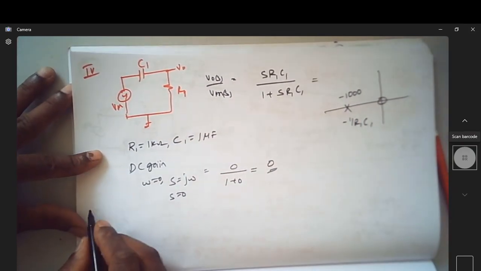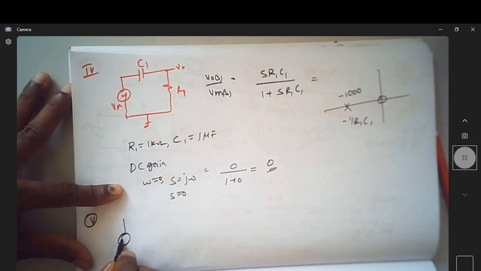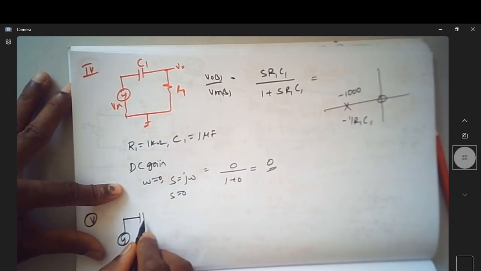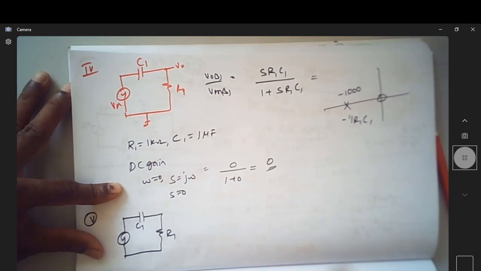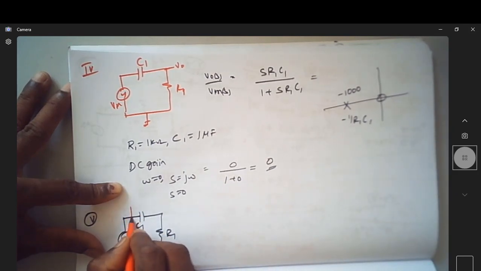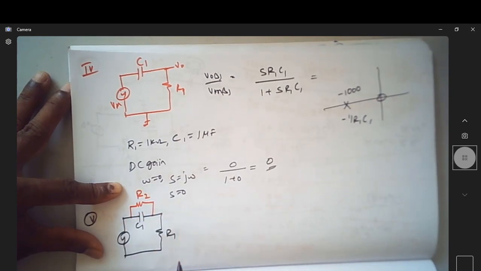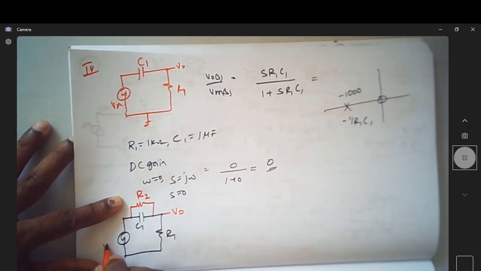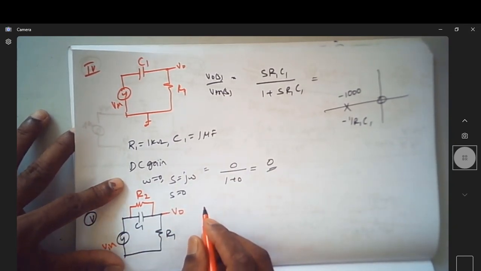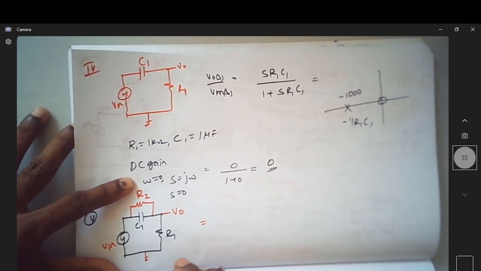So in the next modification, the fifth circuit, I have the same C1 and R1, but I put a resistor R2 in parallel to this. This is the resistor R2 coming in parallel to this. I want to find what V0 is. This is V in.